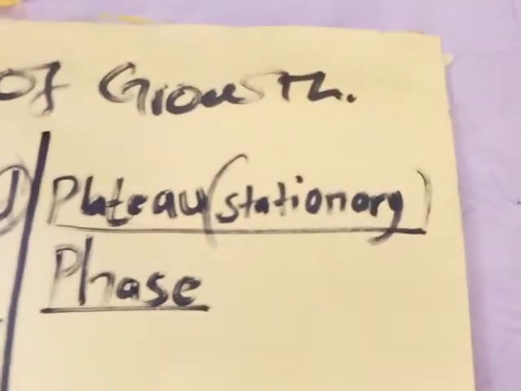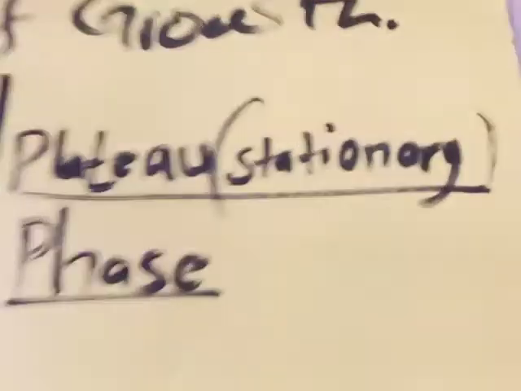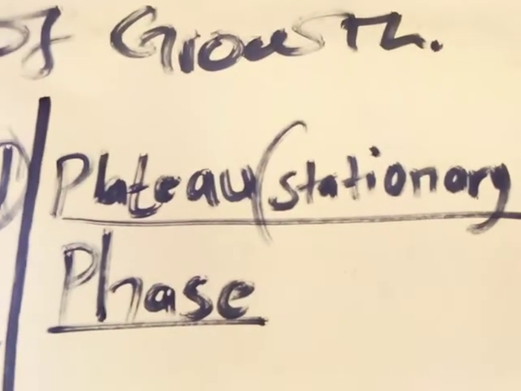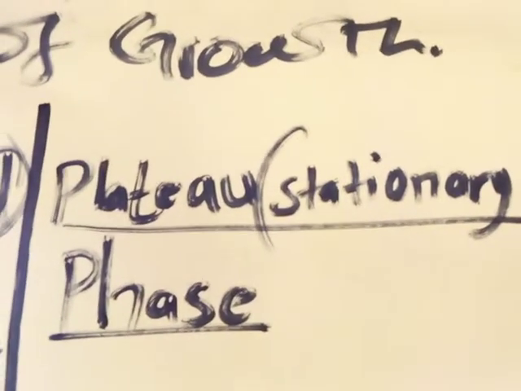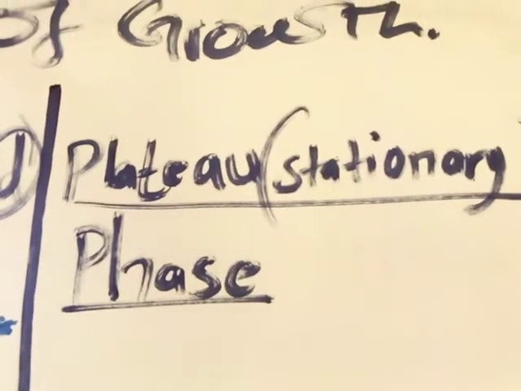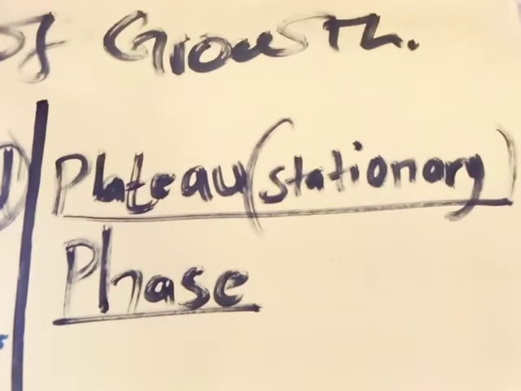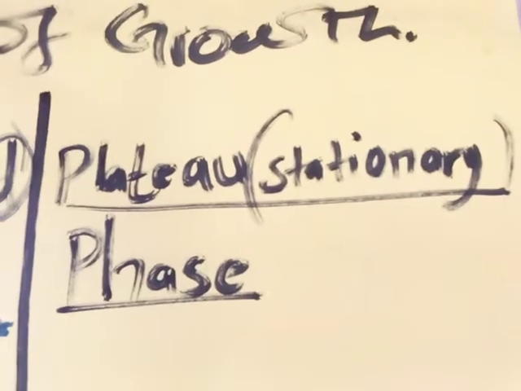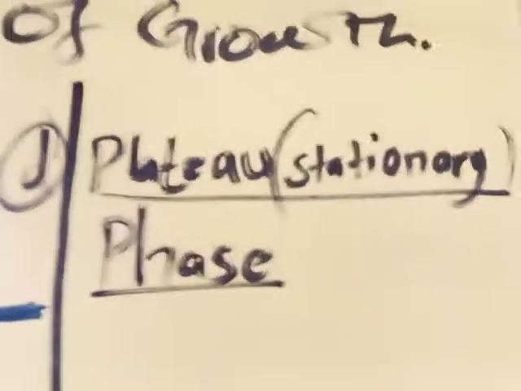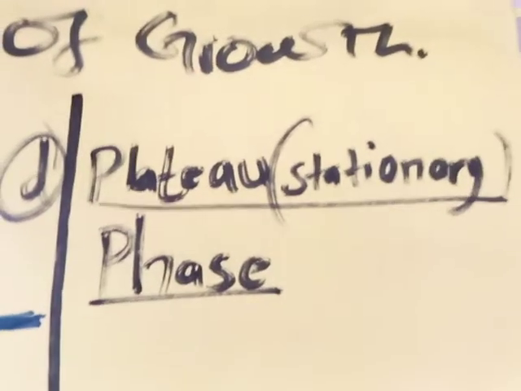Now we move to the last phase, the plateau, which is the fourth phase, or we can refer to it as the stationary phase. This is the phase which always marks the period where overall growth has stopped or ceased.